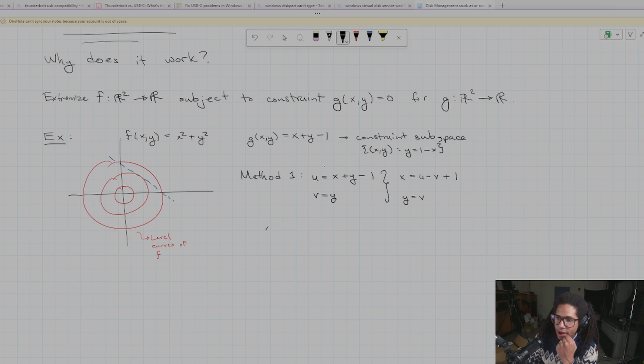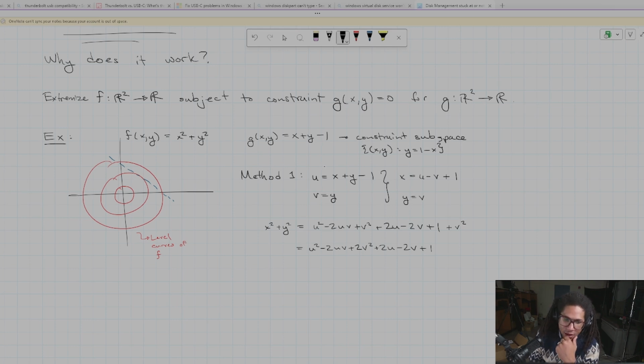All right, so now x squared plus y squared is equal to u squared minus 2uv plus v squared plus 2u minus 2v plus 1 plus v squared, or is equal to u squared minus 2uv plus 2v squared plus 2u minus 2v plus 1.